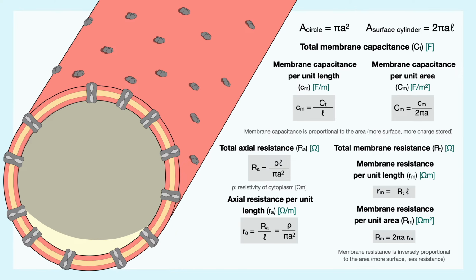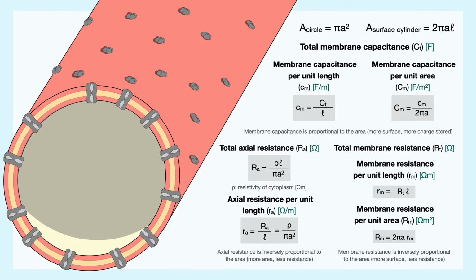Just like the membrane resistance, the axial resistance is inversely proportional to the size of the cylinder. Indeed, if the cylinder is smaller, the area for the charges to flow becomes more constricted and thus makes the flow of charges harder. To have a more intuitive picture of this relation, you can imagine how the flow of water in a pipe would be influenced if the diameter of the pipe changes. In both cases, increasing the size reduces the internal resistance.